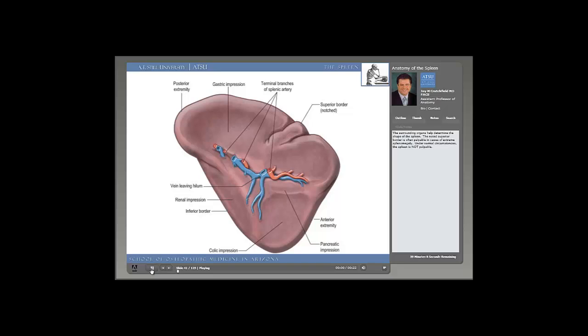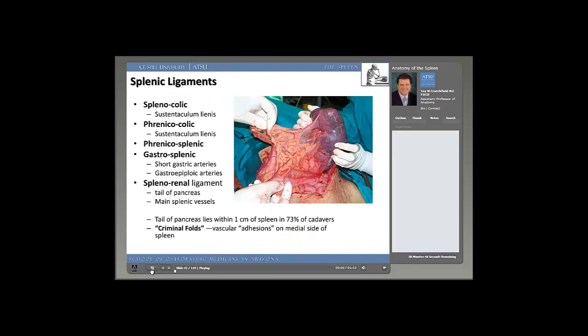The purpose of this slide is to show you the various indentations in the spleen. The superior border, which is notched, is often related to the blood supply. We'll see this in a second. But you can see the various indentations on the spleen formed from the colon, the kidney, the pancreas, and the stomach. We've already mentioned these ligaments and how they form, but here they are again.